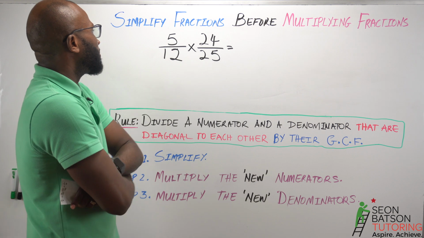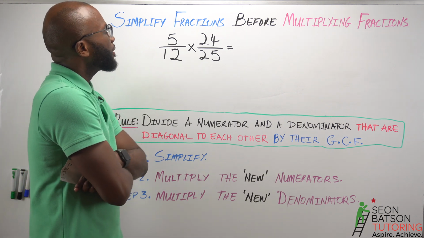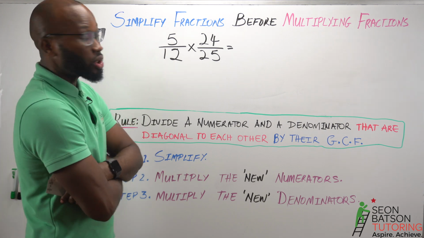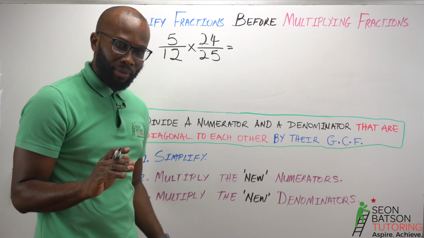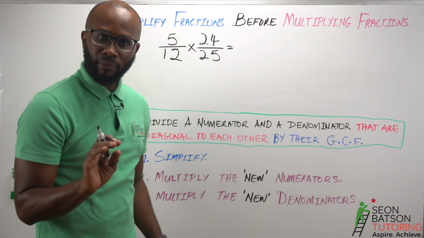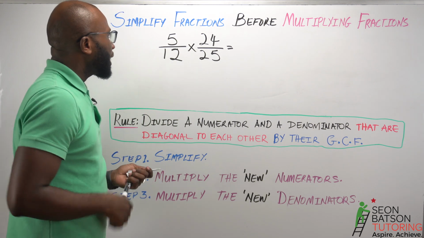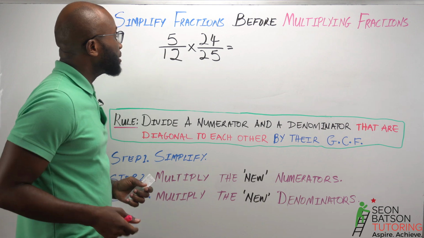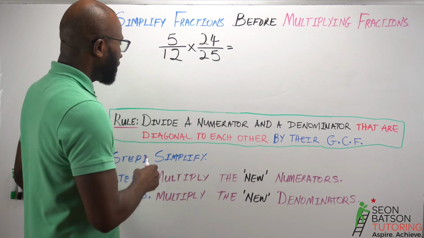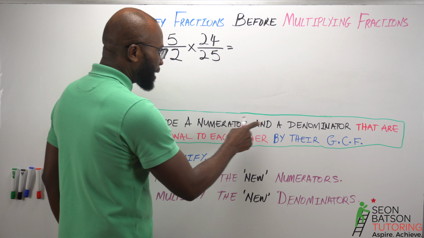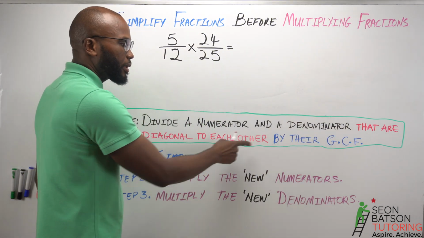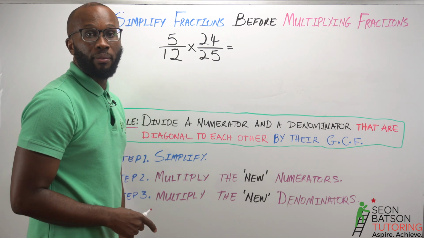So we want to multiply 5/12 by 24/25. So again, before we multiply, we are going to simplify. And the rule says, if you want to simplify the fractions before you multiply the fractions, you can divide a numerator and a denominator that are diagonal to each other by their greatest common factor.